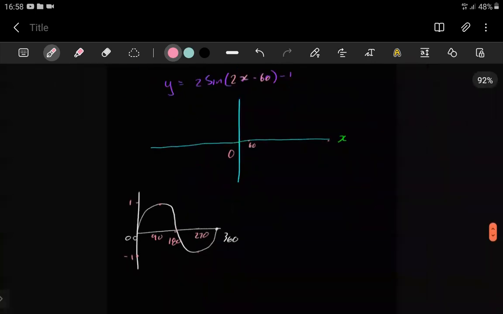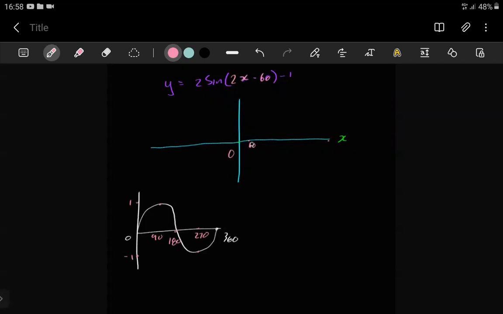Now what we know is between 0 and 90, 90 is where your graph usually turns. In our case, because the frequency is 2, the whole thing is shrunk in half. So instead of turning after 90 degrees, it would only be turning after 45 degrees.